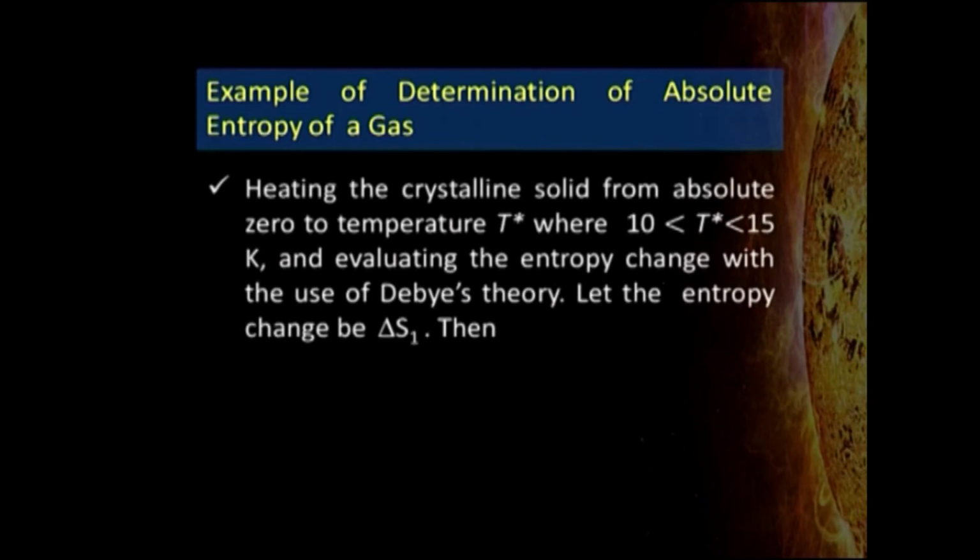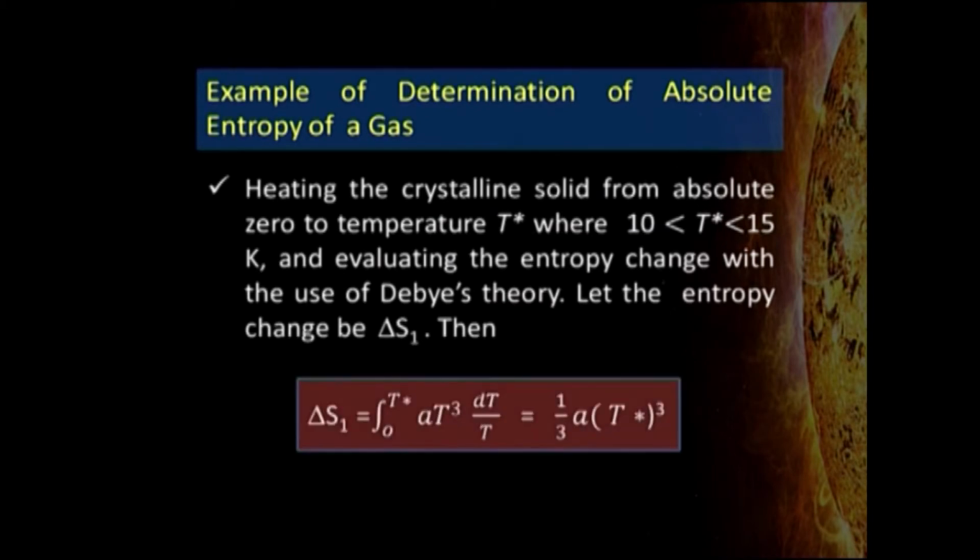The first step is heating the crystalline solid from absolute 0 to temperature T star, where T star is the temperature between 10 Kelvin and 15 Kelvin, and evaluating the entropy change with the use of Debye's theory. Let the entropy change be delta S1.